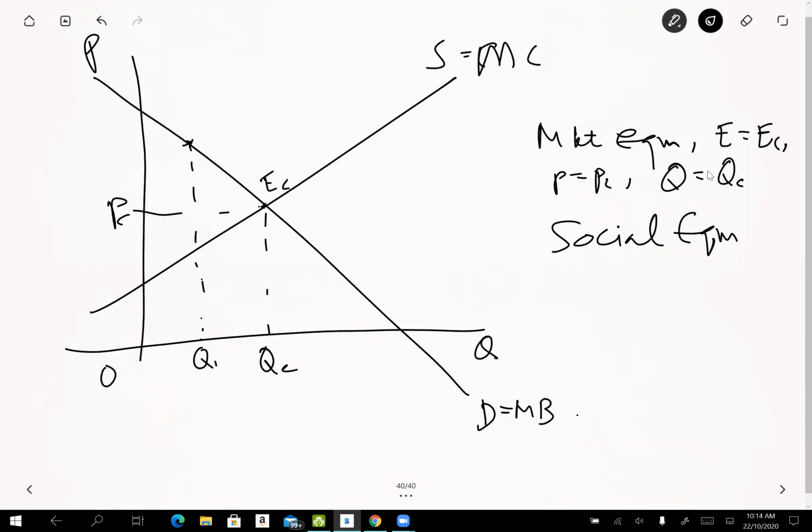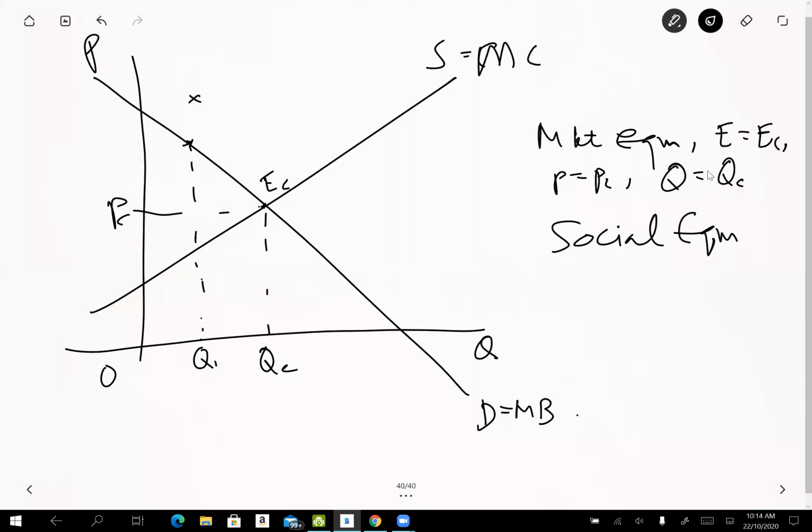Now the society gets additional benefit through the marginal external benefit. So the marginal social benefit will be larger than the marginal benefit, therefore somewhere there.